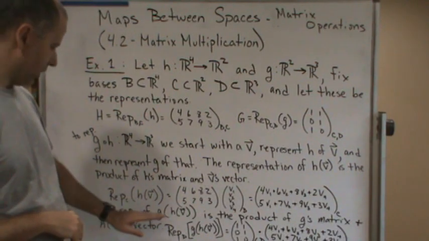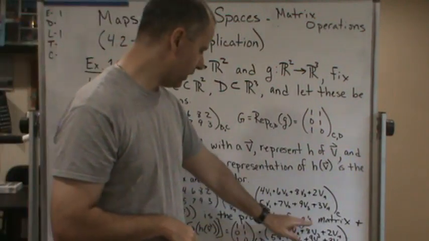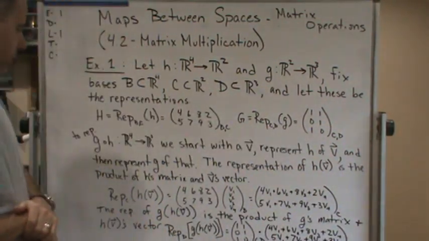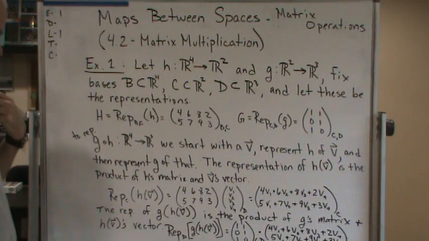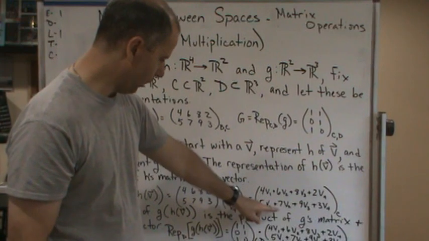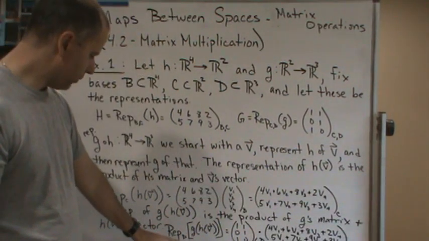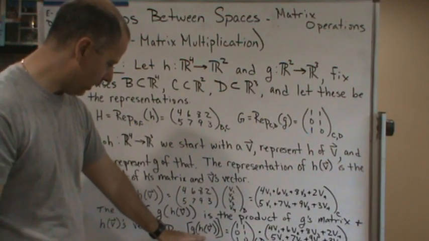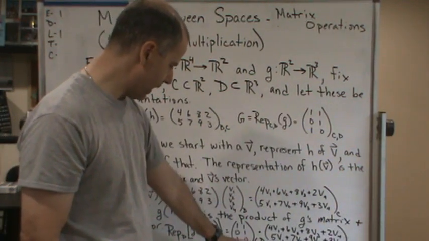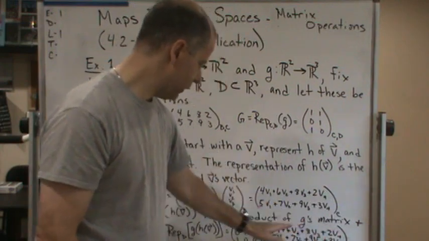Now we want the representation of G of H of V. And so it's going to be the product of G's matrix, which is right here, with the vector H of V, which is what we got right here. And so now the representation with respect to D of G of H of V is now going to be, again, G times, again, from C to D, of this vector.